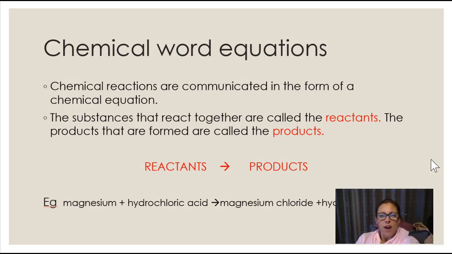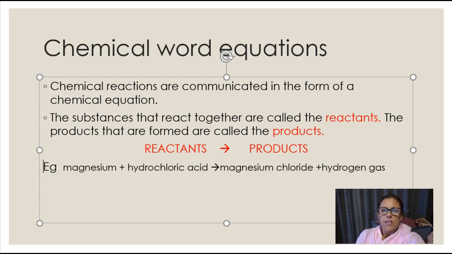So on the left-hand side of our equation, we have the reactants, and on the right-hand side of the equation, we have our products. So an example of this is magnesium plus hydrochloric acid. Magnesium and hydrochloric acid are our reactants, and the arrow indicates the direction of the reaction, and it kind of means forms or produces, and on the right hand side are our products. And in this case, our products are magnesium chloride and hydrogen gas.